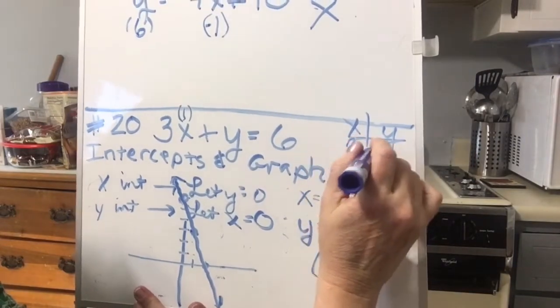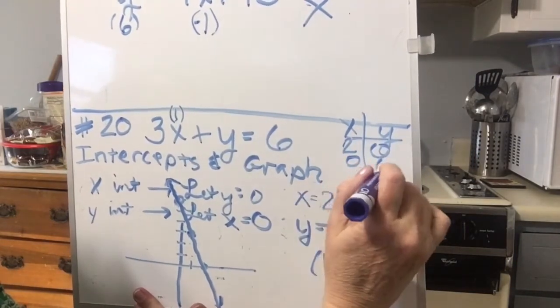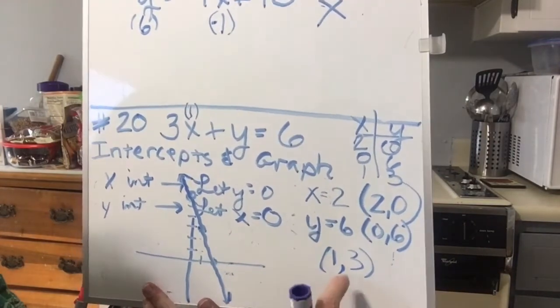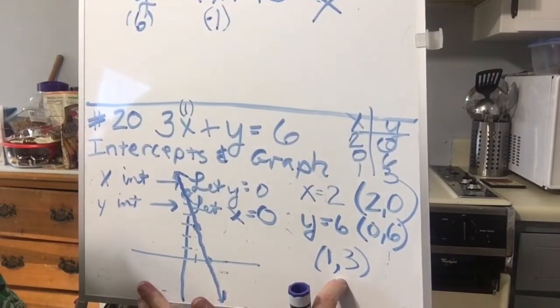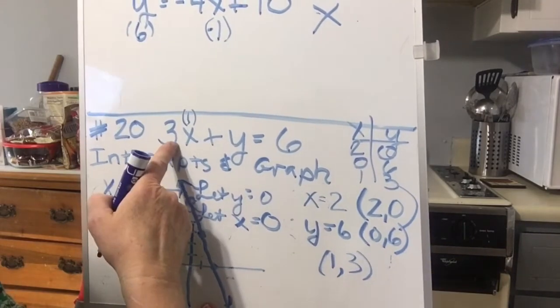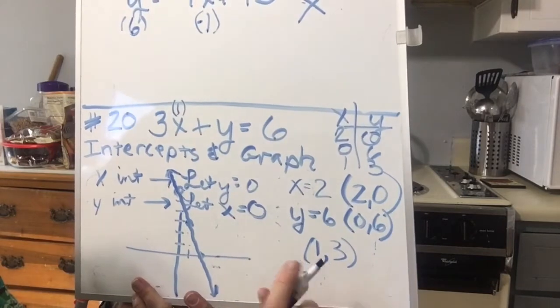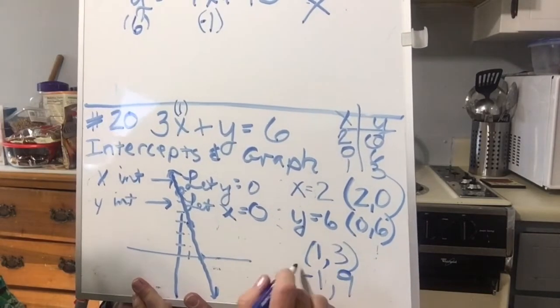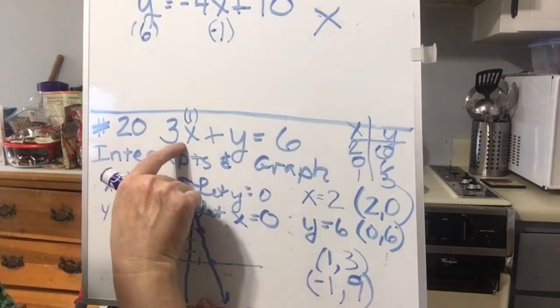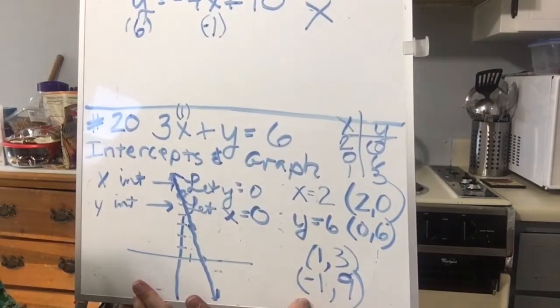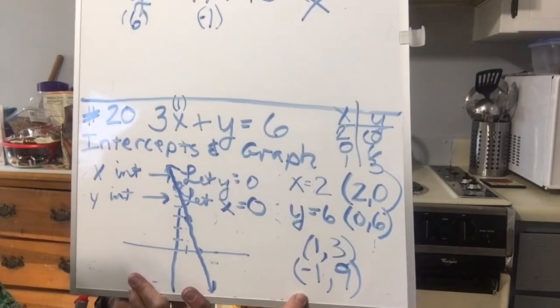So you would put 2, 0, 0, 6, and 1, 3 down as your 3 points. This third point, of course, could vary. You could have put -1, 9, because negative 1 would make that negative 3, and then I'd have to add 9 to get to 6. So that would have been another possibility there.